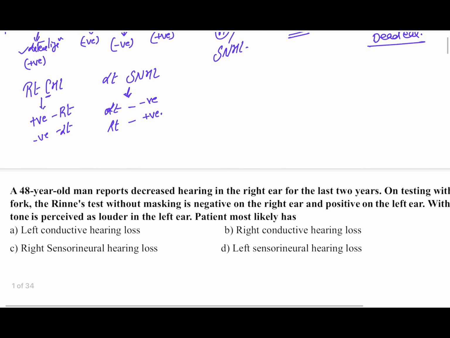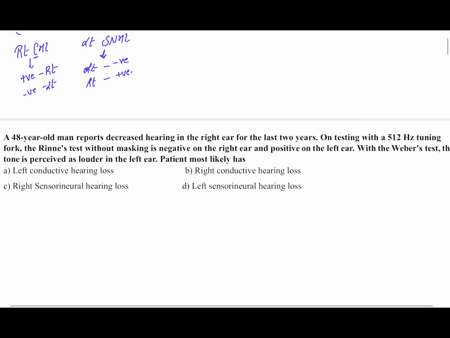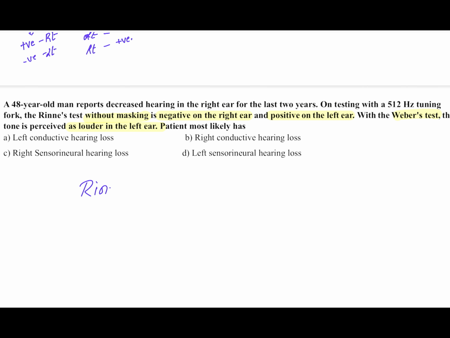Now, what is our question saying? The question is saying that the patient has a Rinne test without masking, negative on the right side and positive on the left ear. Weber is positive on the left ear, so I will write it down. For Rinne it is negative on the right side and positive on the left side, and for Weber it is positive on the left side.